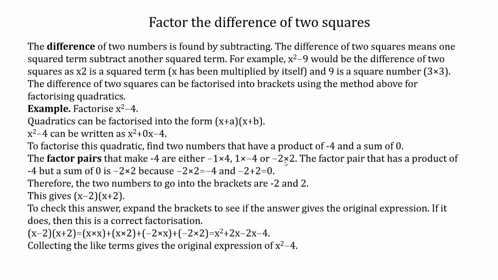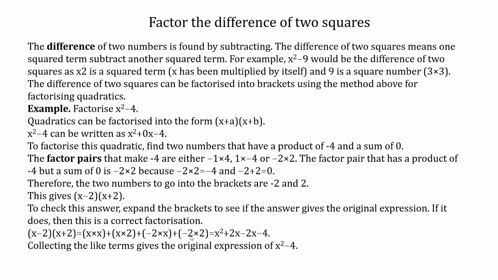The factor pairs have a product of -4, but a sum of 0 is only given by the pair -2 and 2, because -2 multiplied by 2 is -4, and the sum of these numbers is equal to 0. Therefore, the two numbers to go into the brackets are -2 and 2.